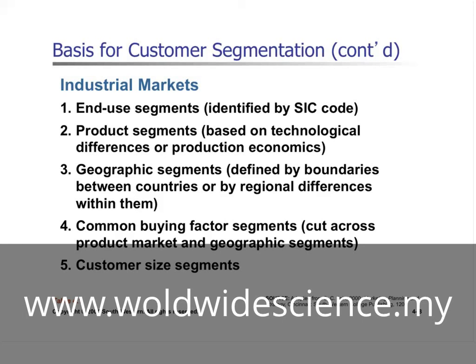Then combined factor segments. So you cut across product, market, and geographical segments. What are the common buying factors that cause customers or consumers to buy your product? And then the customer size segment. When you want to segment your products into different markets, one of the issues could be the number of customers in that certain segment. Let's say I'm going to serve about 5,000 customers in each segment.